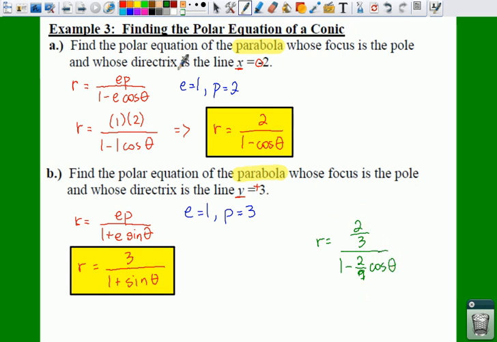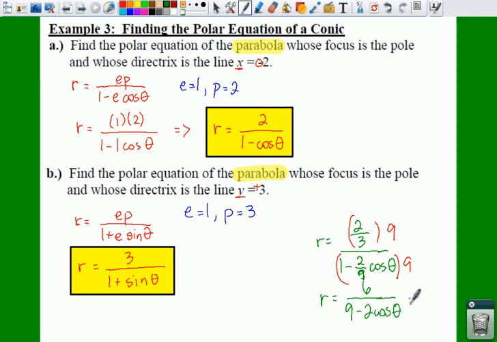So what you're going to have to do is multiply top and bottom by a common denominator. Your common denominator between a 3 and a 9 would be a 9, so you have to multiply everything by 9, and you'd end up with r equals 6 over 9 minus 2 cosine theta.